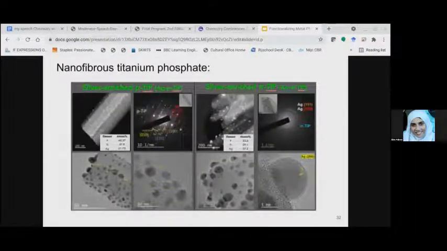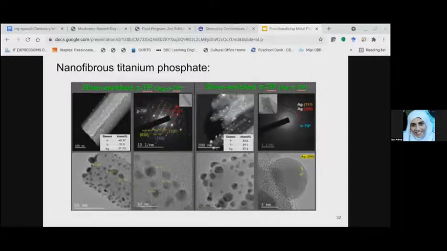I did also another investigation on the other morphological and compositional form of titanium phosphate, the P and rho titanium phosphate. So I synthesized these two phases, which are actually polymorphic forms of each other.